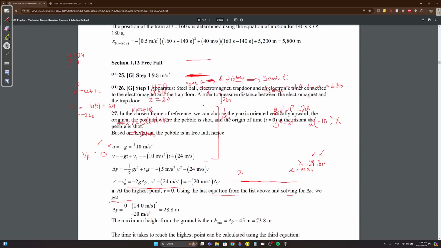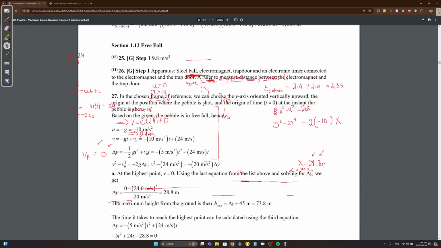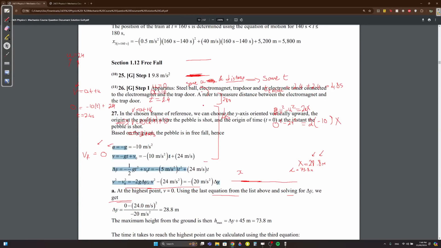They use a different way to solve. Negative 10. How did they solve the first part? We used V squared minus U squared. What did they use? Okay, they use this. But why? If it's going down, it shouldn't be negative. Here in part B, I'm not convinced. Okay, they use the same way as us. So I don't understand what they did here. I don't know why they're doing this. It's all for nothing.